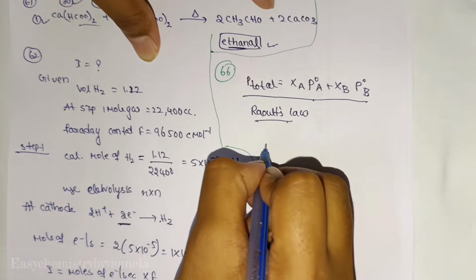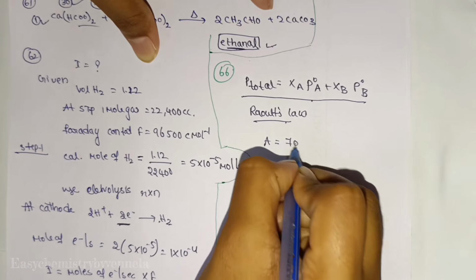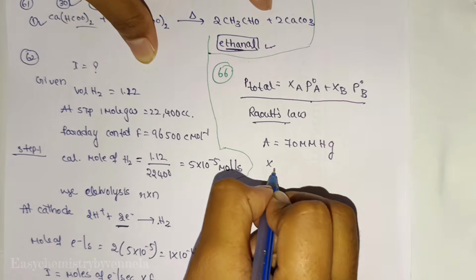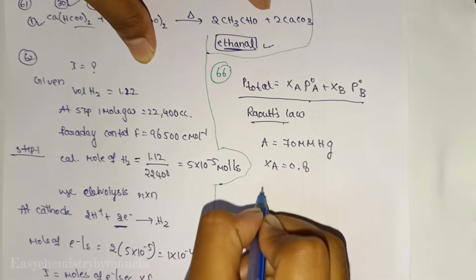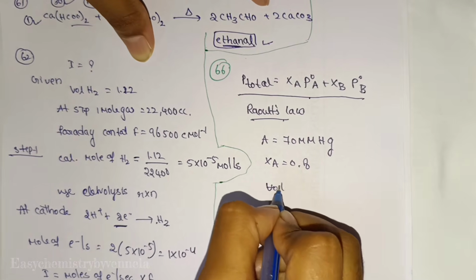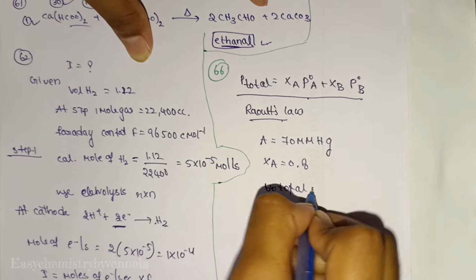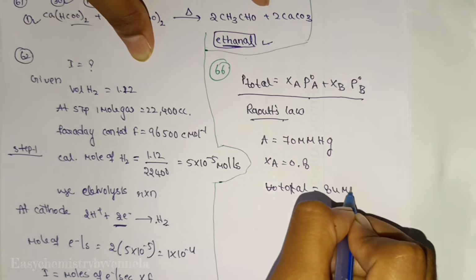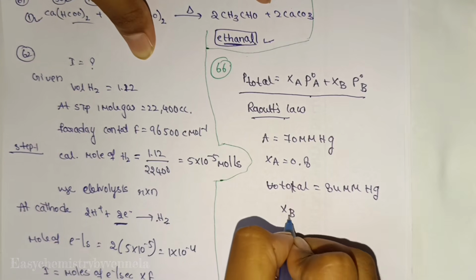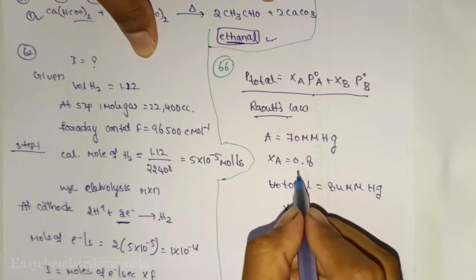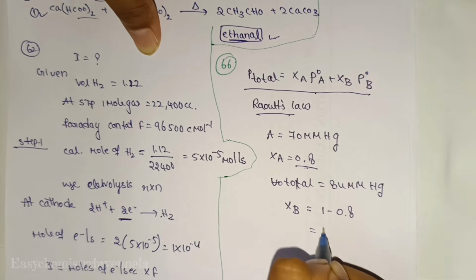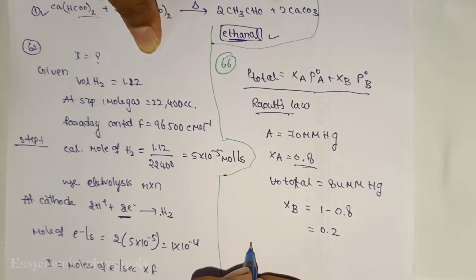Vapor pressure of A is 70 mm of Hg, mole fraction of A is 0.8, total vapor pressure is 84 mm of Hg. Mole fraction of B is 1 minus 0.8, that is 0.2.